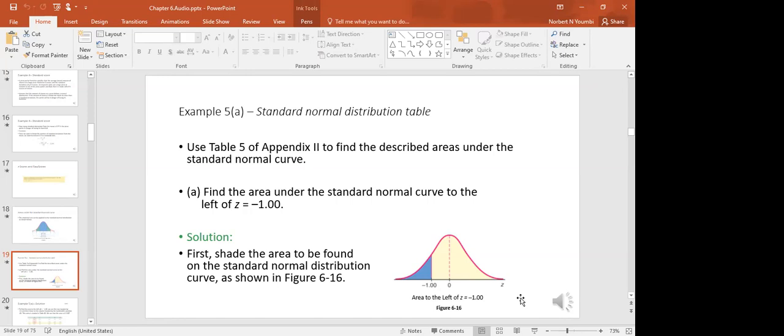So we are going to find some examples. We will start with the probability that Z is less than or equal to -1. Then we will do the probability that Z is less than or equal to -1.24. We will do the probability that Z is less than or equal to 1.5.